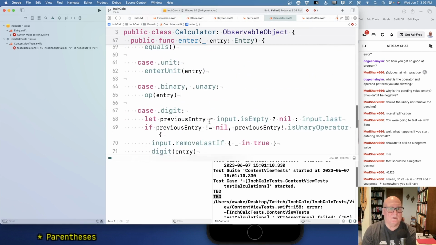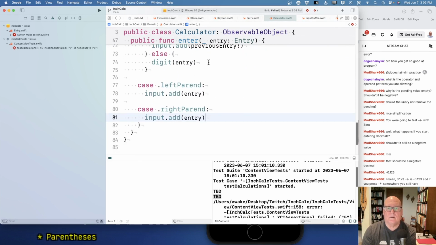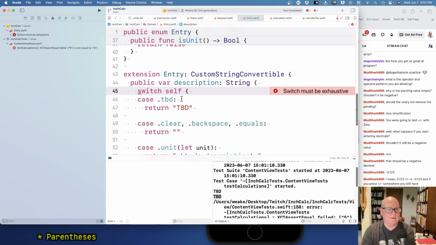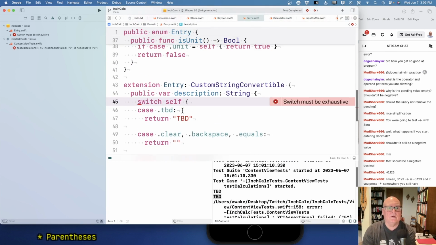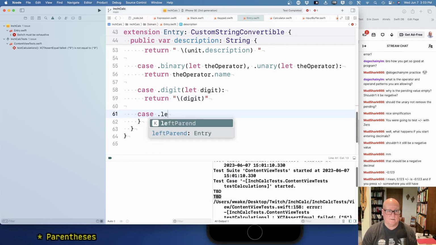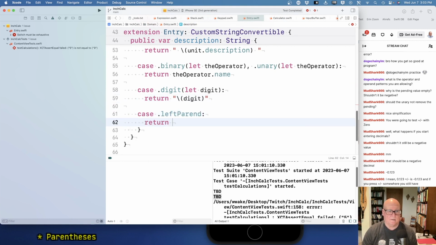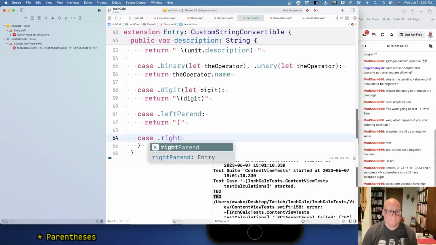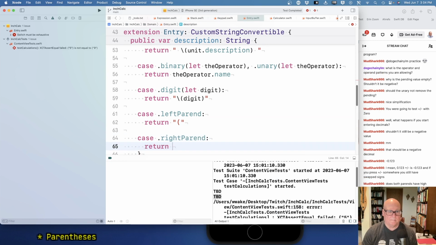I don't know how far I'm going to push this. We should get rid of our TBDs. Oh, we're still... Okay. Entry description. Okay, that's easy. Okay. Yeah, so the left one has high precedence.